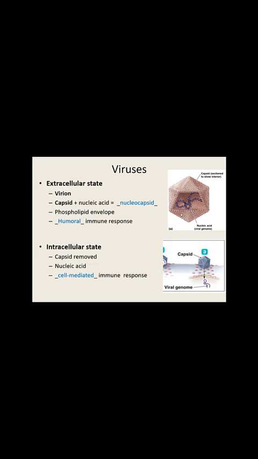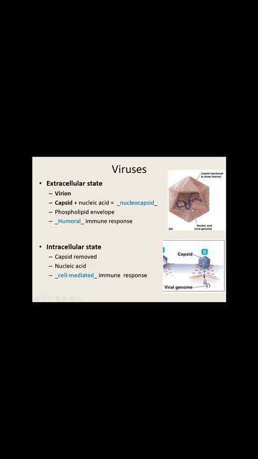Now, it's really only made up of two things when it's in an extracellular state. It's made up of an outer protective capsid, this brown area, and the nucleic acid, whether it's DNA or RNA. The nucleic acid is the NA of DNA or RNA. Now, because it's made up of only two things, a capsid and that genetic material, that nucleic acid, we also call this whole structure a nucleocapsid.